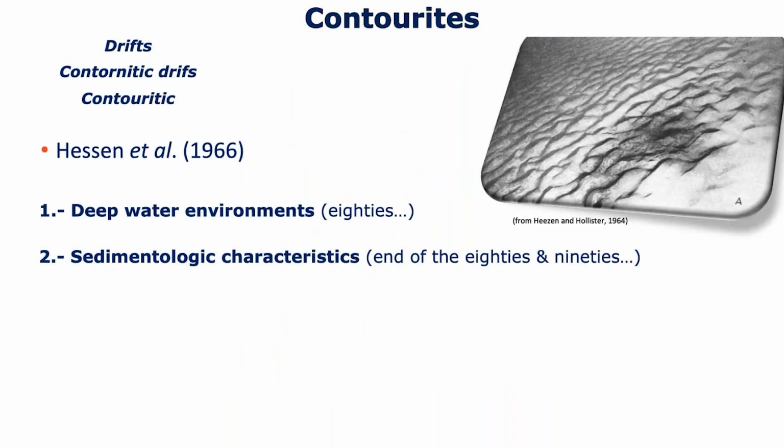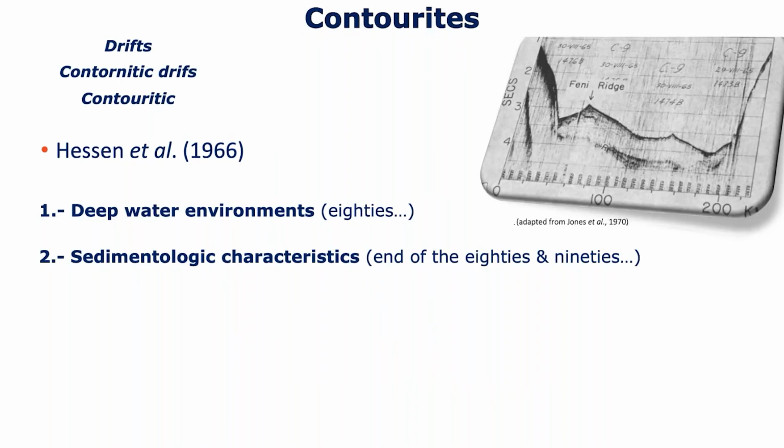Going to the introduction, contourite research started in the 60s with pioneers like Heezen in 1966 and other authors, who recognized ripples and bedforms in the very deep water and started to relate the bedforms with oceanic circulation. Using monochannel high-resolution seismic lines, they started to identify morphologies that were completely new for the community.